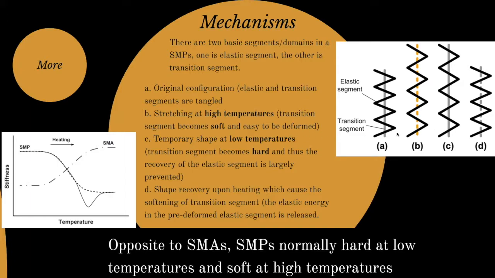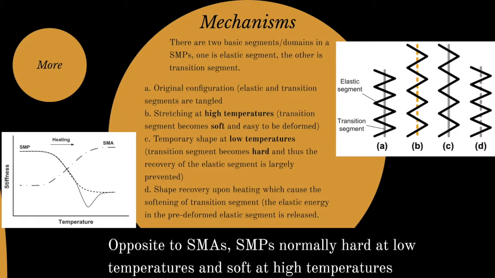And then when you decrease the temperature, the soft segment will become hard, okay? And it will stay at this fixed length. Okay? And then when you heat this, the gray one will soften. Okay? When the gray one softens, it will go back to the original shape.